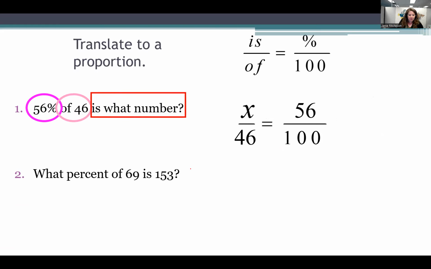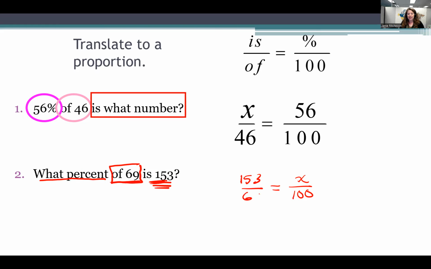All right, look at number 2. So number 2 says, what percent of 69 is 153? So we're going to use our formula up here. This time our percent is missing. What percent? I don't know what percent. Percents always go over 100. And then this is our is and our of.